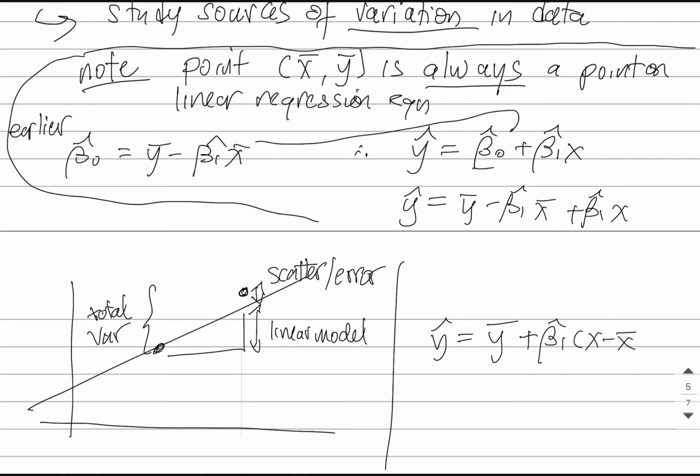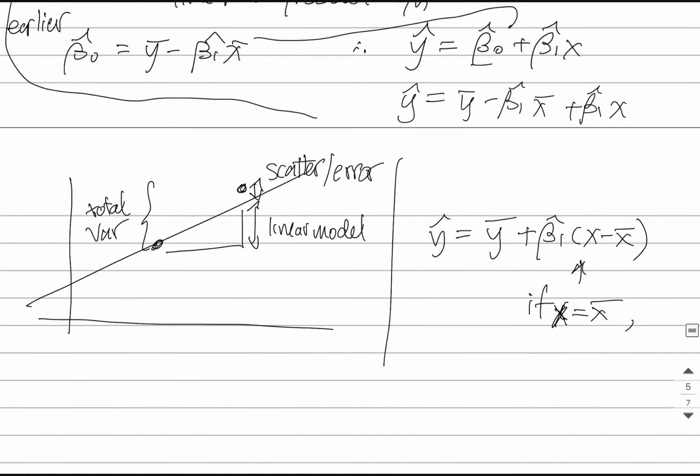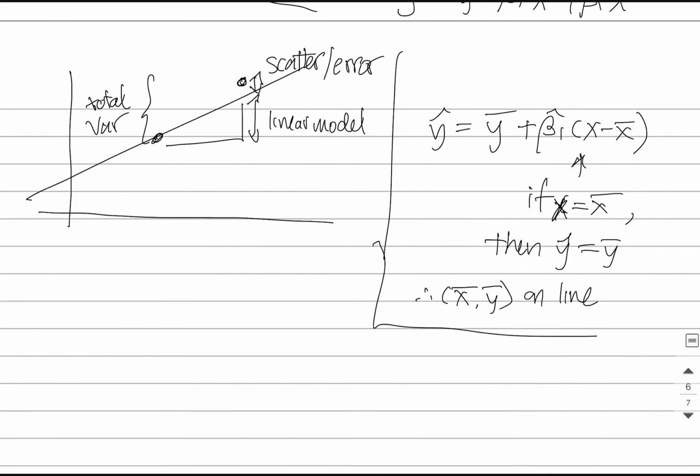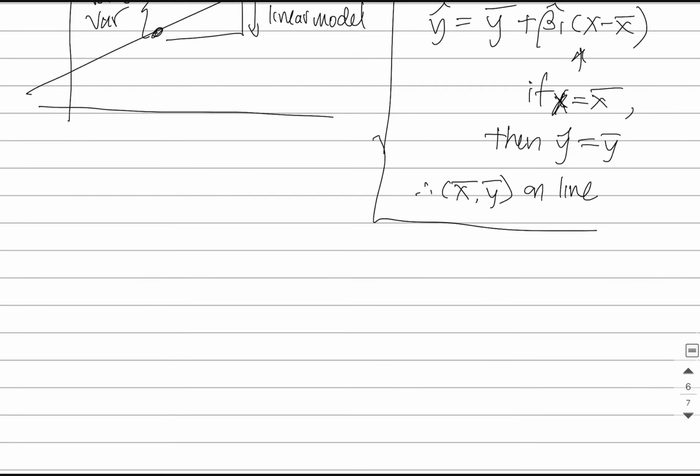Now, I'm hoping that you can see if you pick x to be x bar, then you will always get y hat equals y bar. And that tells you that x bar, y bar is on the line. So regardless of what line we pick, it doesn't really matter.